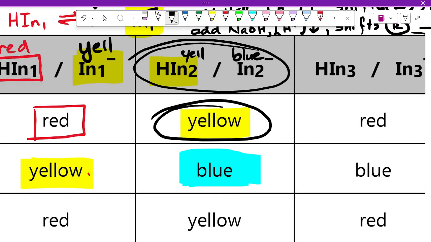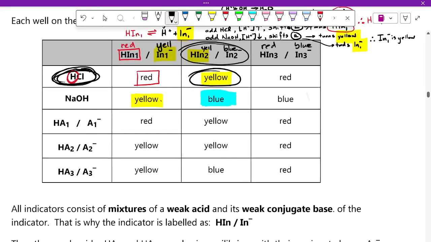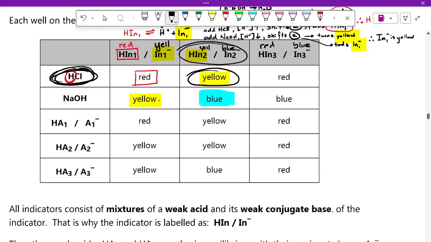Could you quickly, looking at HIN3, tell whether HIN3 is red or is it blue? IN3 minus, is it red or is it blue? Yes. What is HIN3? HIN3 is red, and IN3 minus is blue. Okay.